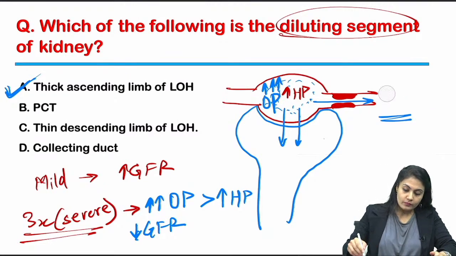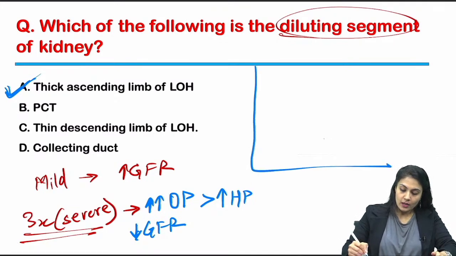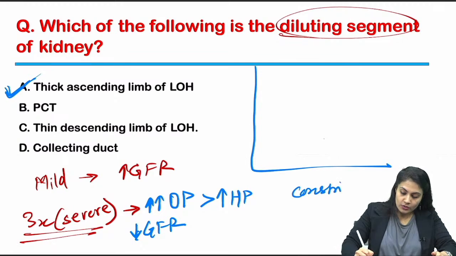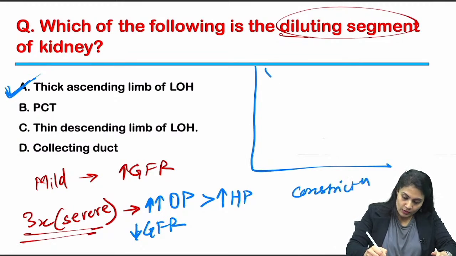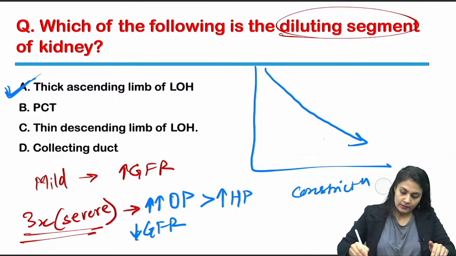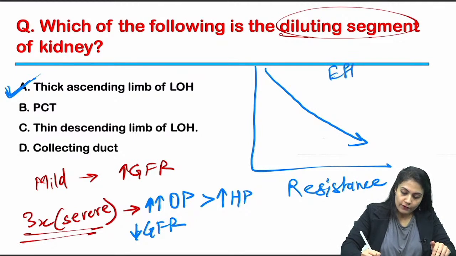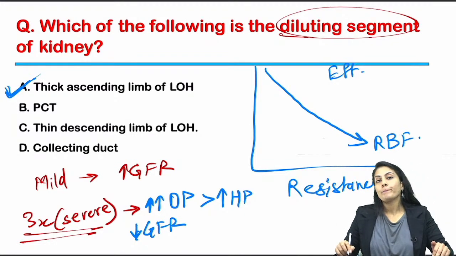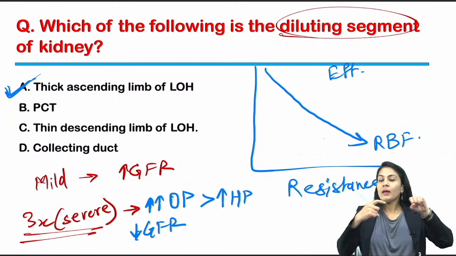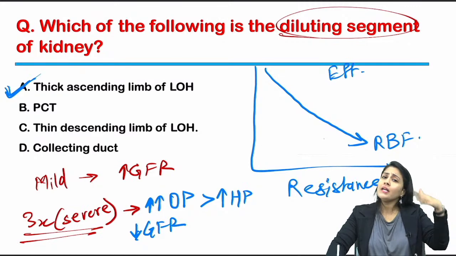So let's see what the representation is over here. Suppose this is the constriction, right? As you increase the constriction, what is going to happen to the renal plasma flow? Or rather than constriction, the better word is resistance. If there is a resistance in the efferent arteriole, the renal blood flow is going to decrease, since as soon as it constricts, the blood won't be able to go towards the peritubular capillary, be it mild, be it severe.